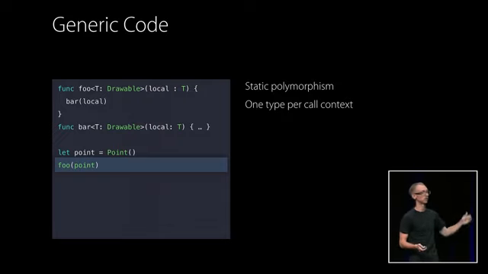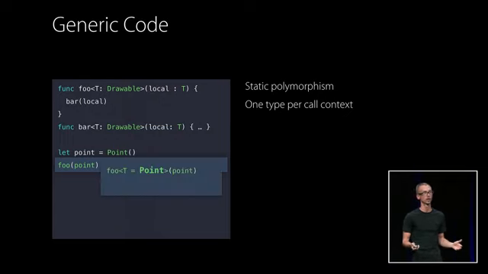Well, let's take a look at this example. We have the function foo, which takes a generic parameter t constrained to be drawable, and it passes this parameter off to the function bar. This function, again, takes a generic parameter t. And then our program creates a point and passes this point to the function foo. When this function executes, Swift will bind the generic type t to the type used at this call site, which is in this case the point.